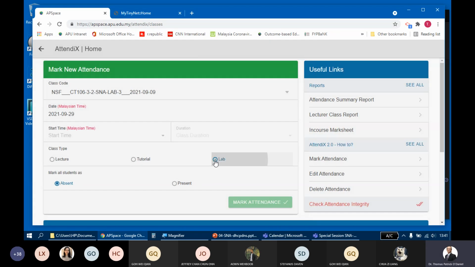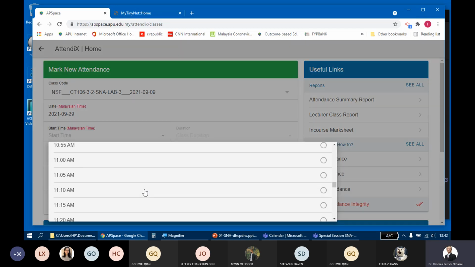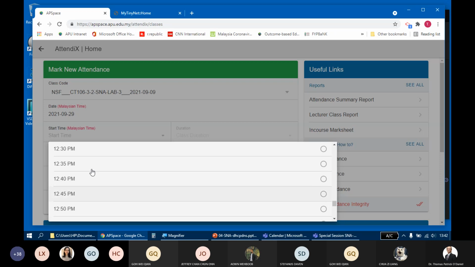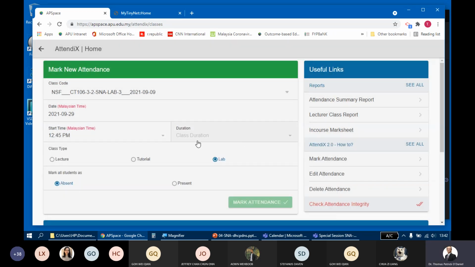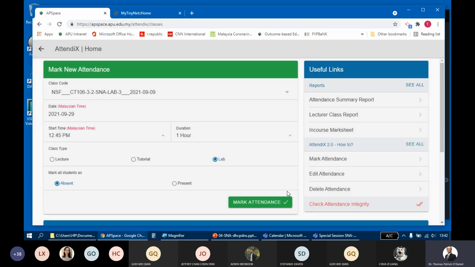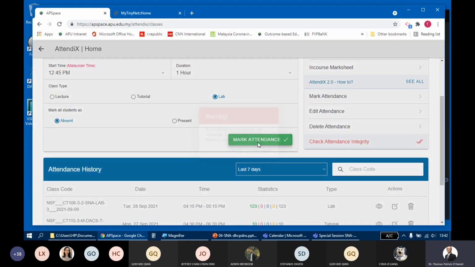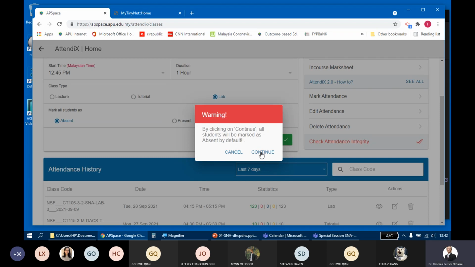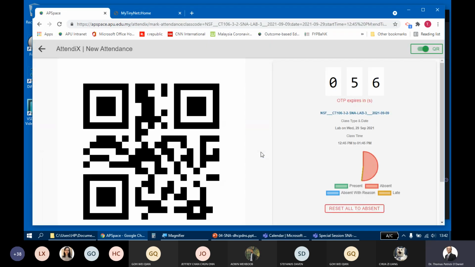And we're in a lab session. Ooh, and then we started at, what time? 12:45, wasn't it? There we go. For 1 hour. And it's not going to give me a QR code. So, oh, it did give me a QR code. Didn't do that yesterday. Oh, thank you so much. All right. So, all good.